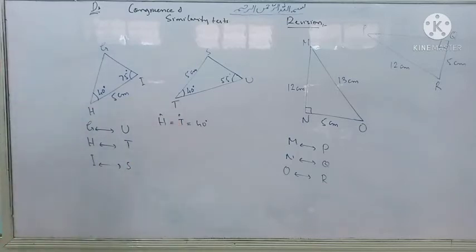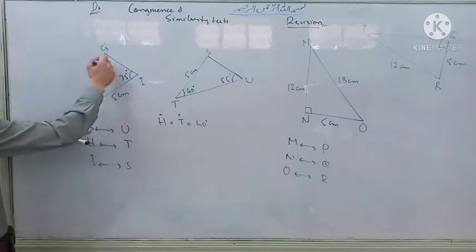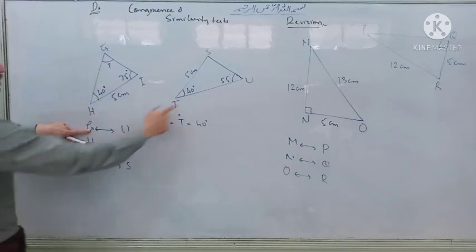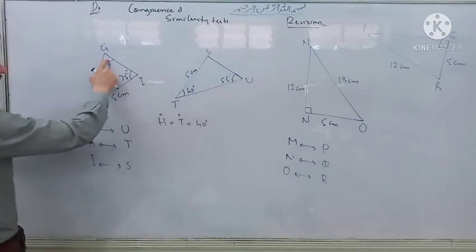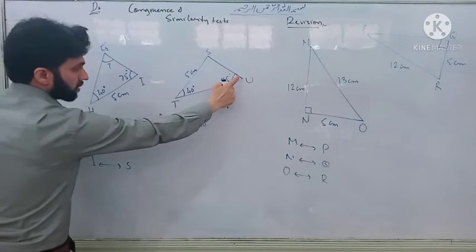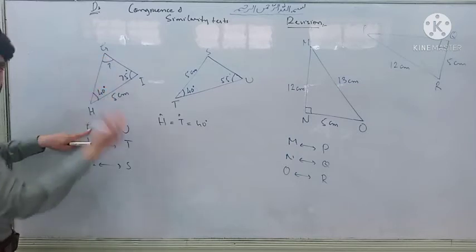But we have to see whether the second corresponding angle is the same or not. On G there is no angle given, we have to find it out. Now on U there is 55. So we have to see whether on G there is 55 or not.